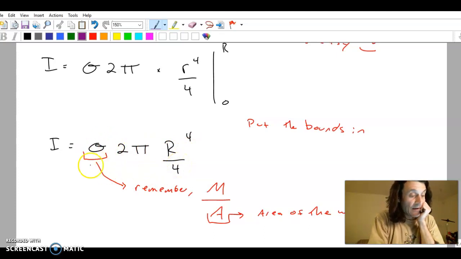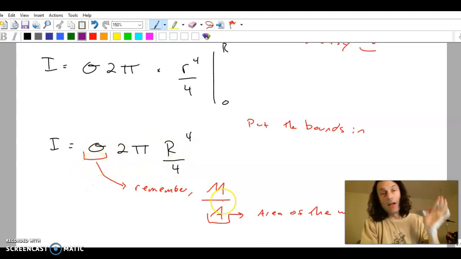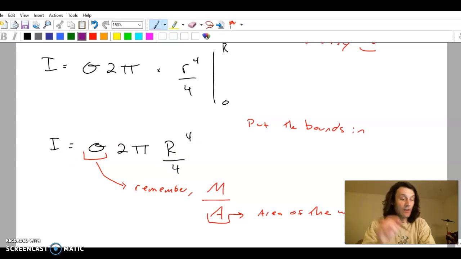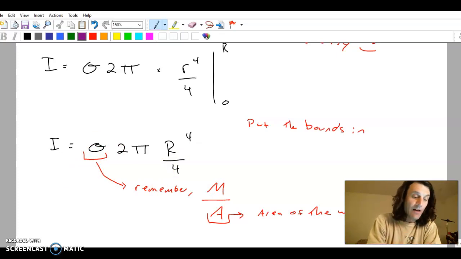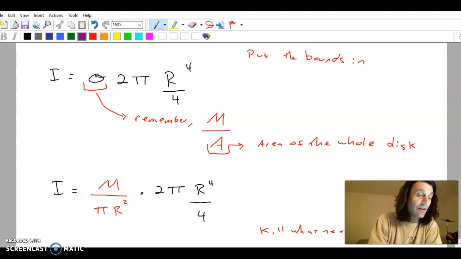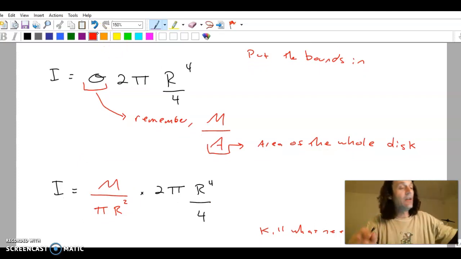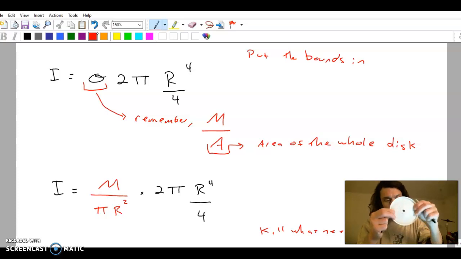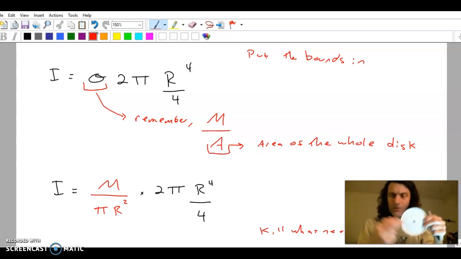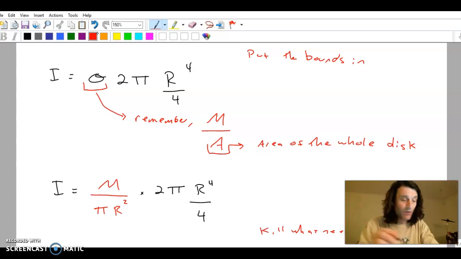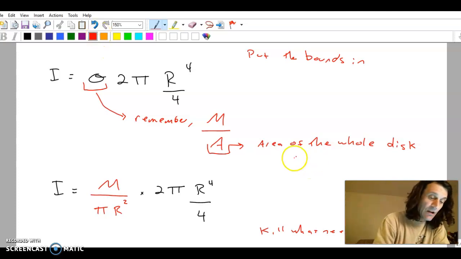That sigma, remember, is a mass divided by an area. The mass of the whole thing divided by the area of the whole and entire disk. And remember, it is a solid circle. The area of a circle is pi r squared, and if it's the area of the whole thing, it's going to be pi capital R squared.